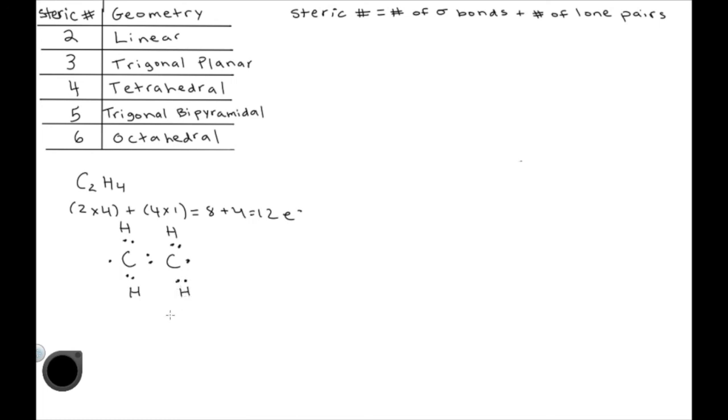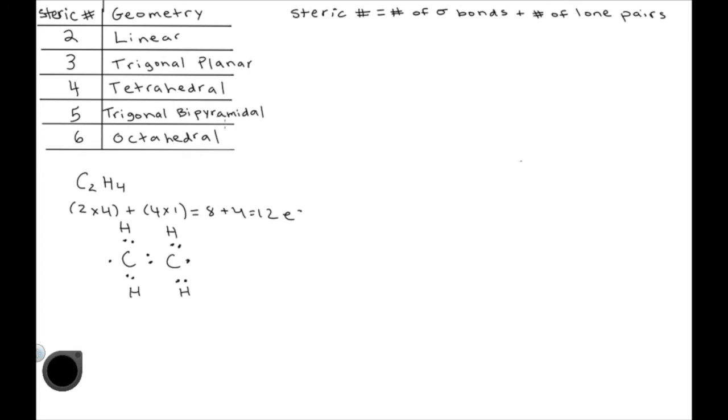Okay, so now in order to satisfy the octet rule for each carbon, since they both have 7 electrons each instead of 8, we take the unpaired electrons and share them between the carbons in a double bond, giving each carbon 8 electrons.